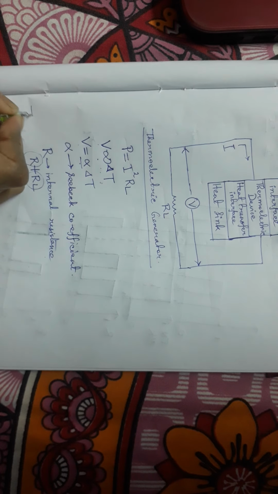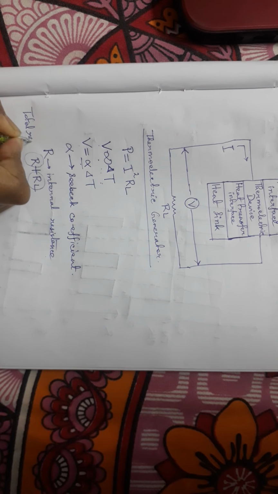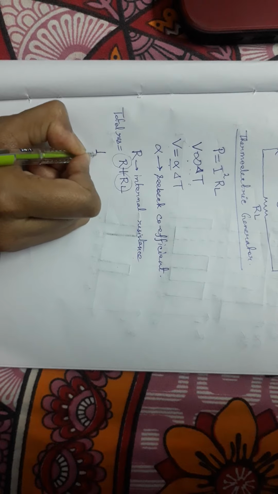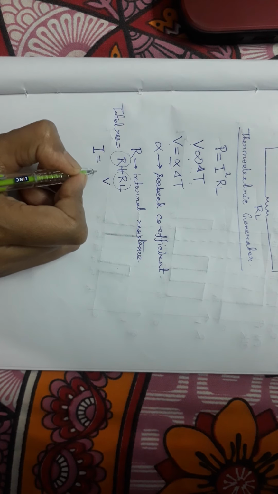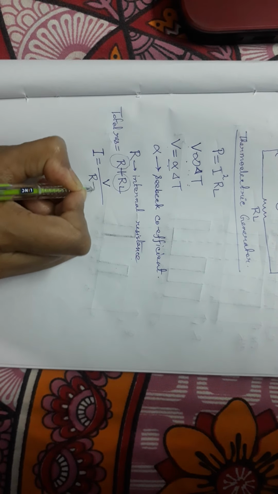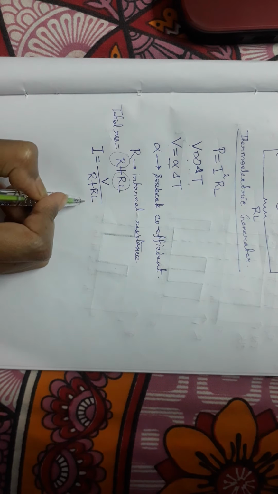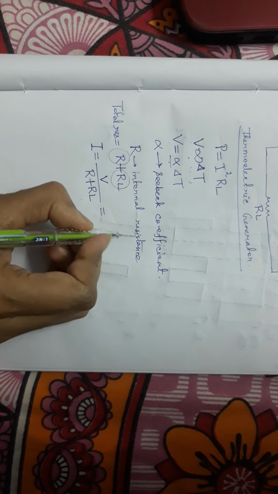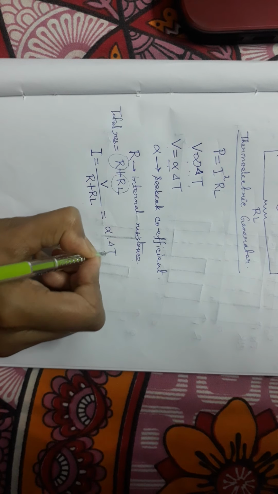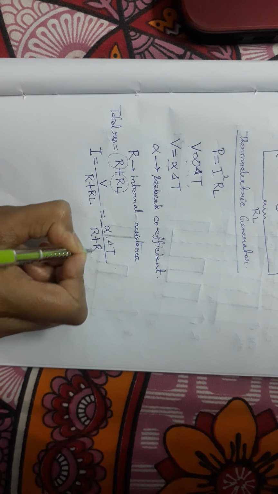So the current flowing across this loop will be equal to the voltage generated across the junctions divided by the total resistance. So I is equal to V divided by R plus RL. If we replace V by alpha into delta T, we can write alpha delta T divided by R plus RL.